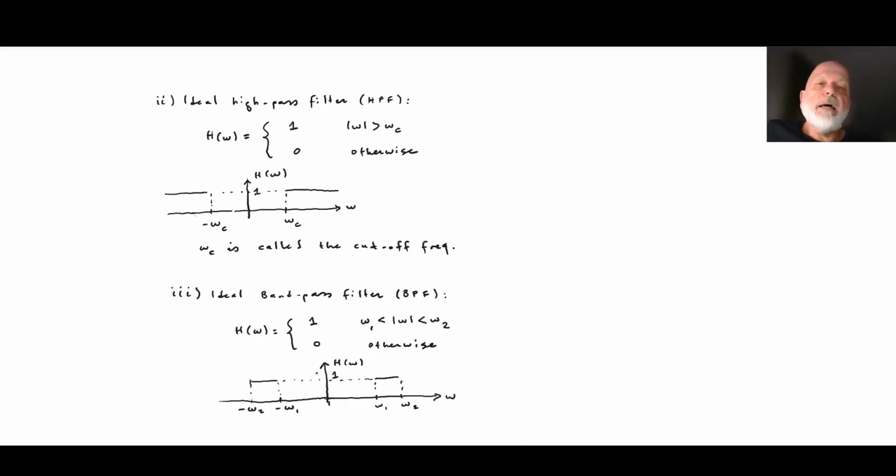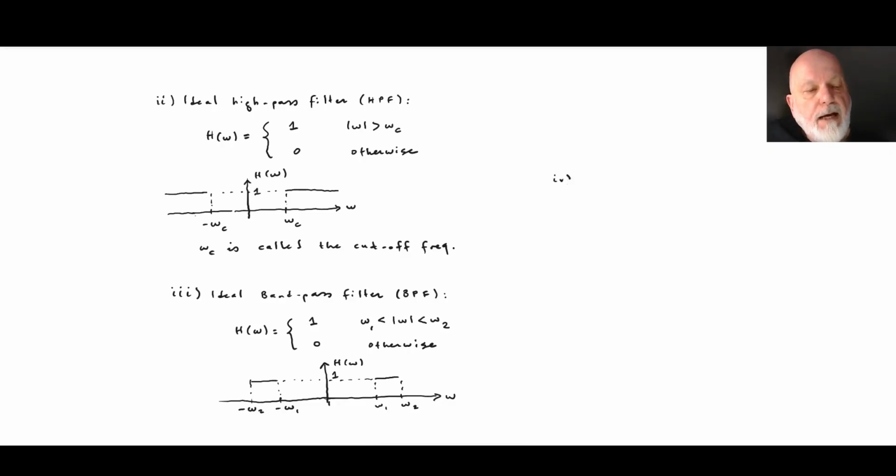So the ideal bandpass filter will only allow frequency components in a certain interval. A band of frequencies will be passed by the system and the others will be rejected.